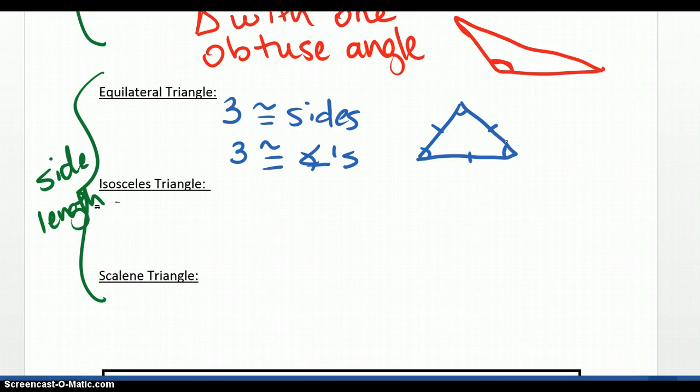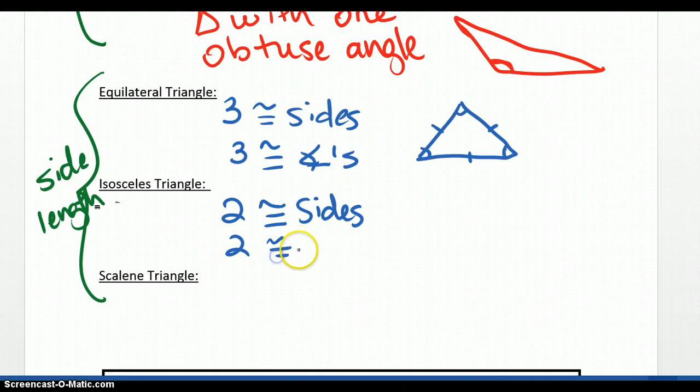Okay, so then an isosceles triangle, what do you know about the sides? So in an isosceles triangle, hopefully you know that it has two congruent sides. And what you'll learn later and prove later in geometry is that it will also have two congruent angles.